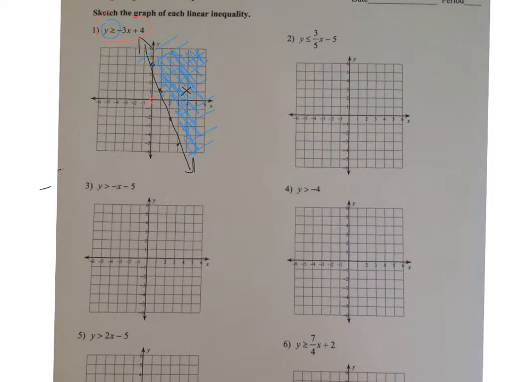Let's take a look at number 2. y is less than or equal to 3/5 x minus 5. So we're going to go down to minus 5, and we have a positive slope. Get us around here. It's a solid line because it is less than or equal to.